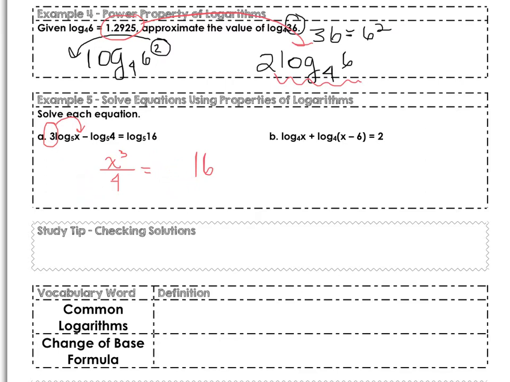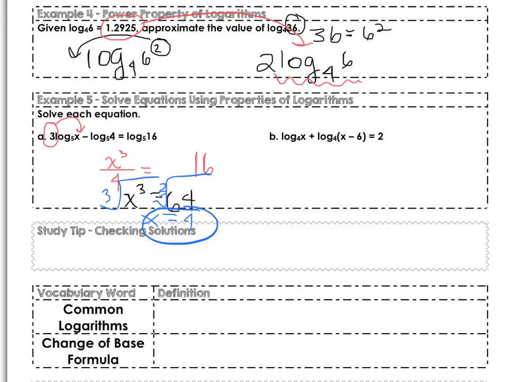Okay? Next, I'm going to multiply both sides by 4, so we have x to the 3rd is equal to 64. And now I'm going to take the 3rd root of both sides, and I get that x is equal to 4.